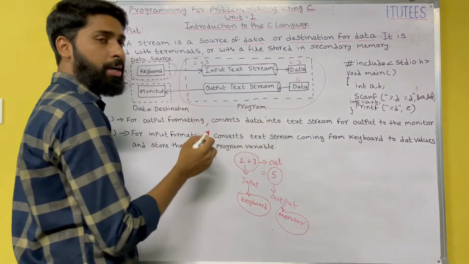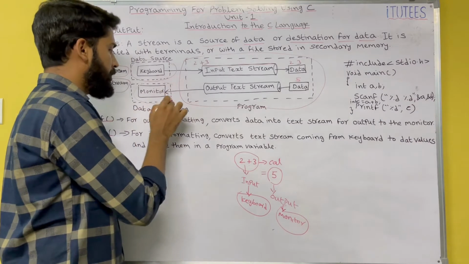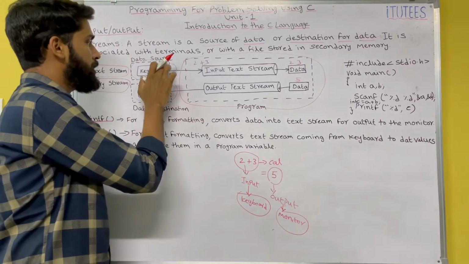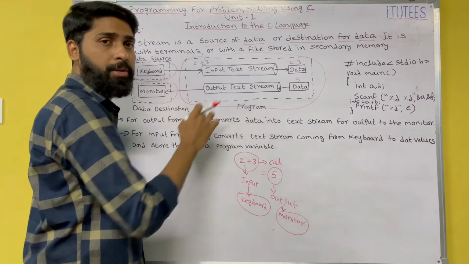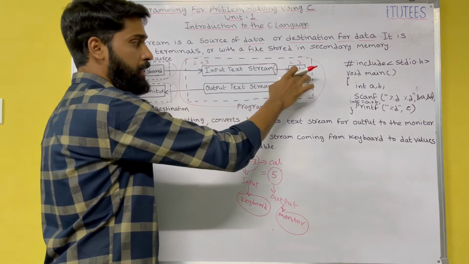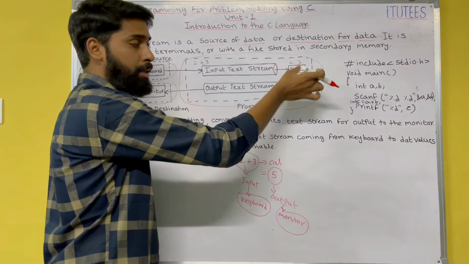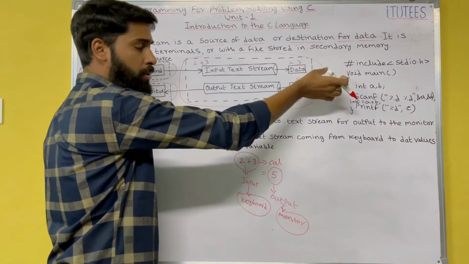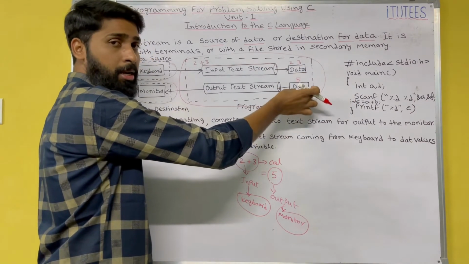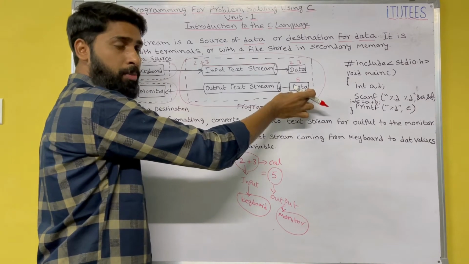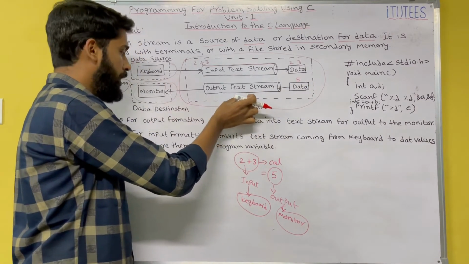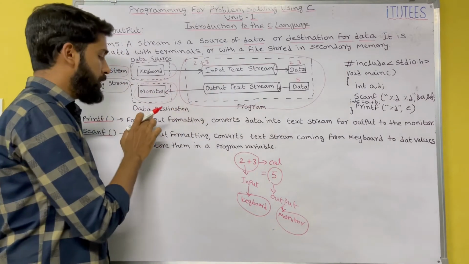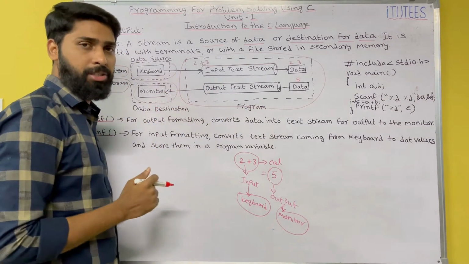Now this data is going to be printed on the monitor. From the data source, we take the input text stream. The stream is converted into data for processing. Now to represent this data on the monitor, first we convert this data into an output text stream and display it on the monitor. This we call the data destination.